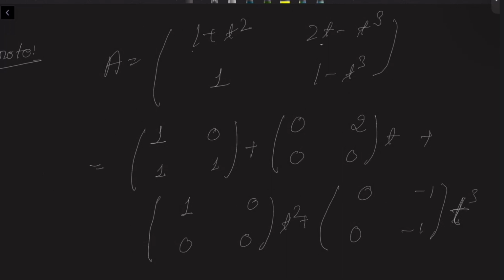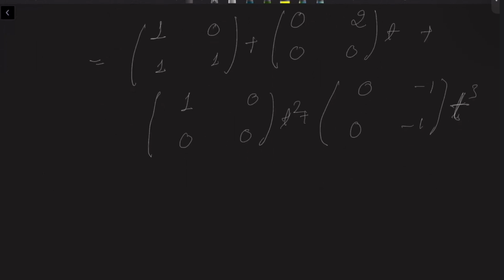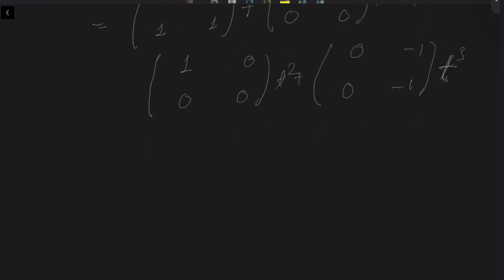This is something that we are going to use. The next theorem that I want to show is the Cayley-Hamilton theorem.